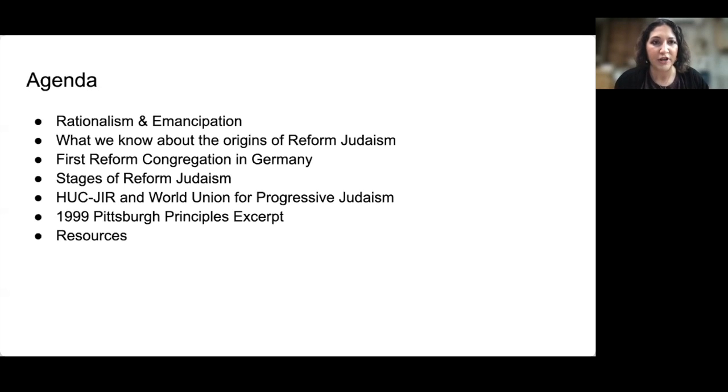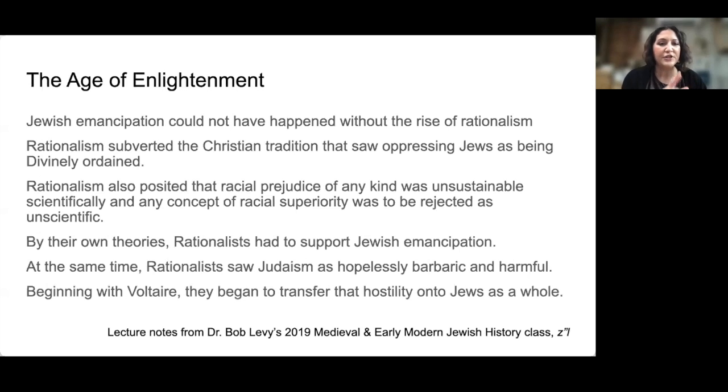Okay, so going to the Age of Enlightenment, Jewish emancipation could not have happened without the rise of rationalism. Rationalism subverted the Christian tradition that saw oppressing Jews as being divinely ordained. Rationalism also posited that racial prejudice of any kind was unsustainable scientifically, and any concept of racial superiority was to be rejected as unscientific.